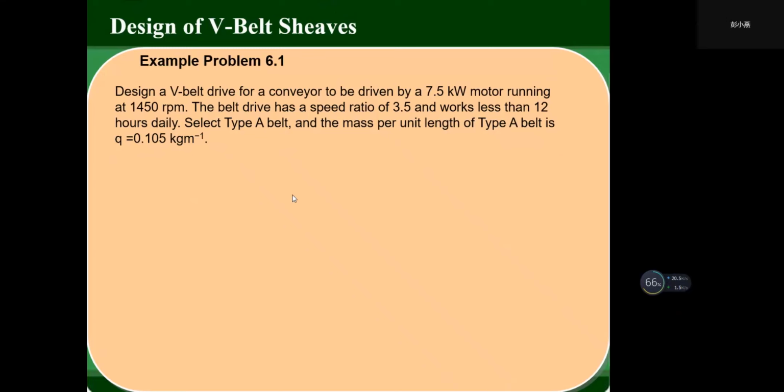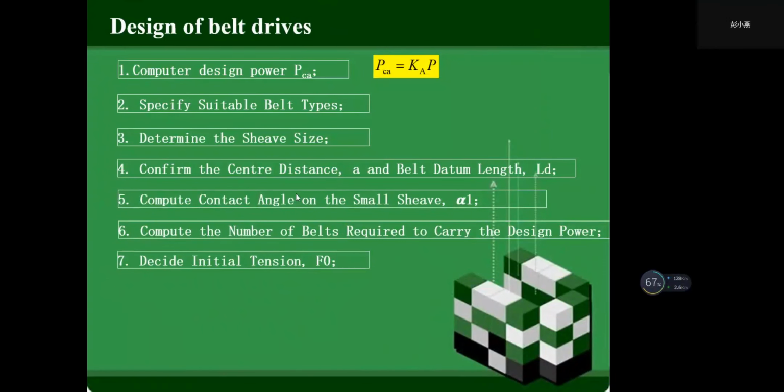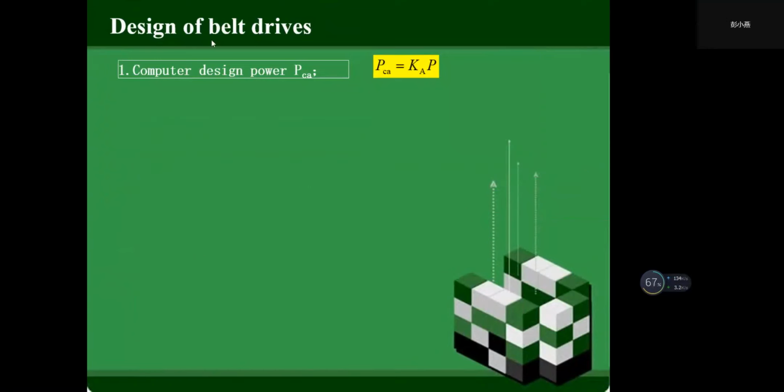Okay, let's continue. The design procedure of belt drives is very important. First, compute the design power PCA, and in order to calculate PCA, we should choose KA.